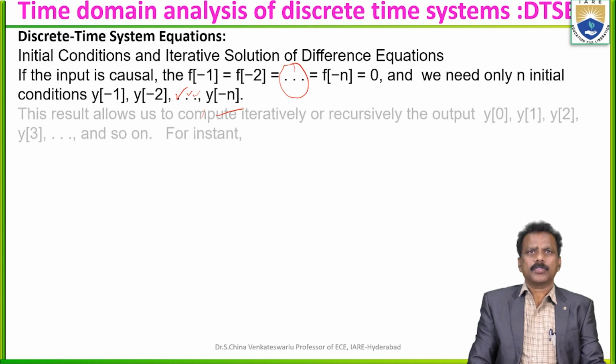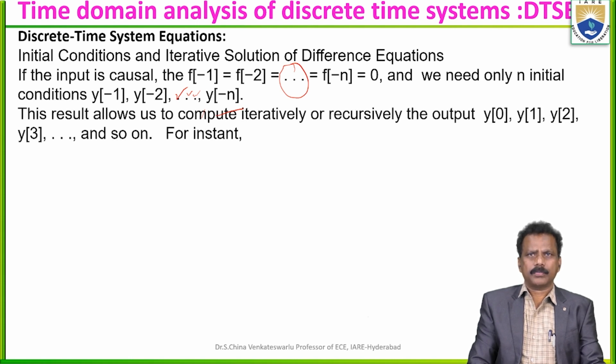This result allows us to compute the output iteratively or recursively. We expect the output response y of 0, y of 1, y of 2, y of 3, y of 4, y of 5, and so on.